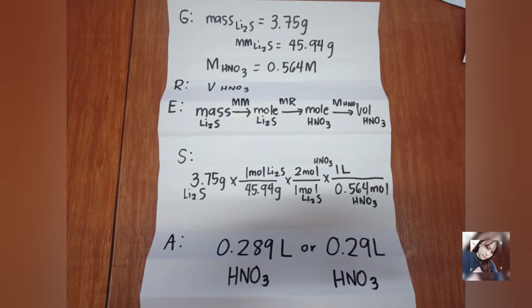For the solution, we have 3.75 grams of lithium sulfide multiplied by the reciprocal of its molar mass, which is 45.94 gram, and then multiplied by the mole ratio between nitric acid and lithium sulfide from the balanced equation, which is 2 over 1, and then divided by the molarity of nitric acid, which is 0.564 molar. The final answer will be 0.289 liters or 0.29 liter nitric acid.